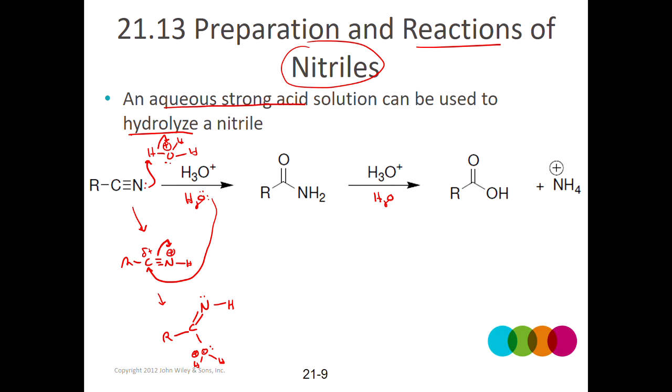Obviously the positive on this water is pretty unstable, and the most likely thing to pick that proton off would probably be water, since that would be my solvent. That would give me an intermediate that looks pretty stable. No formal charge anywhere.